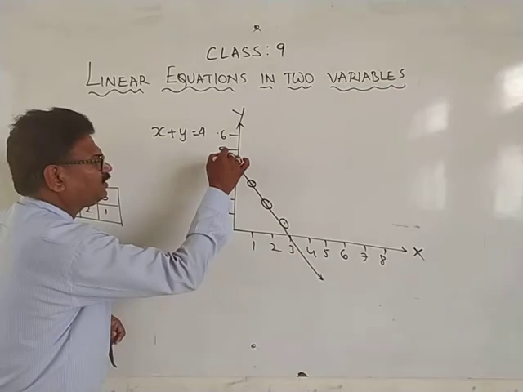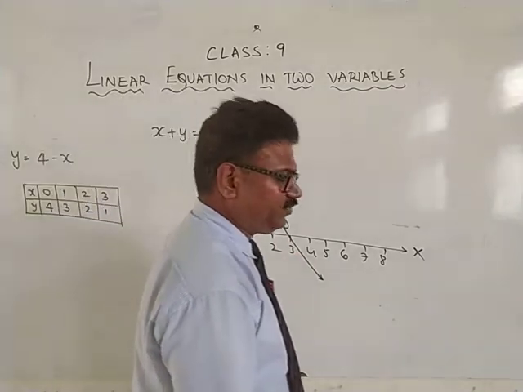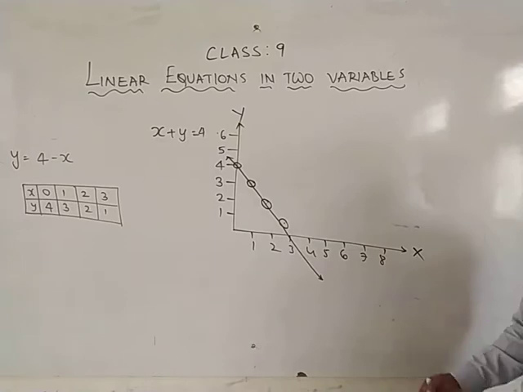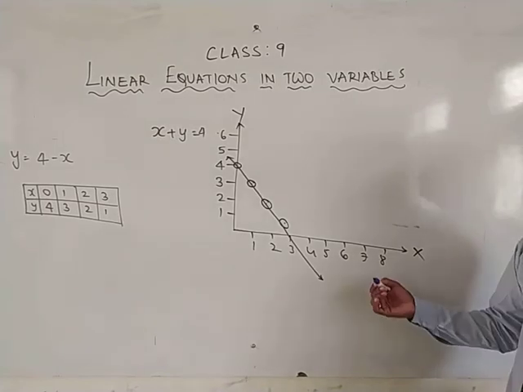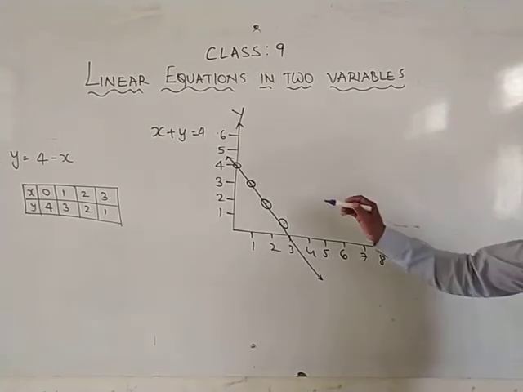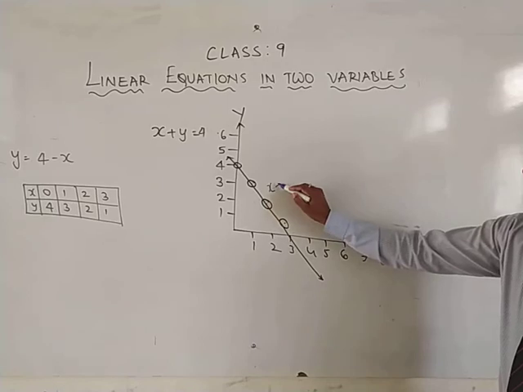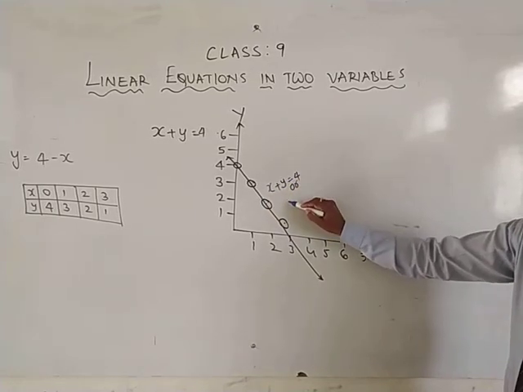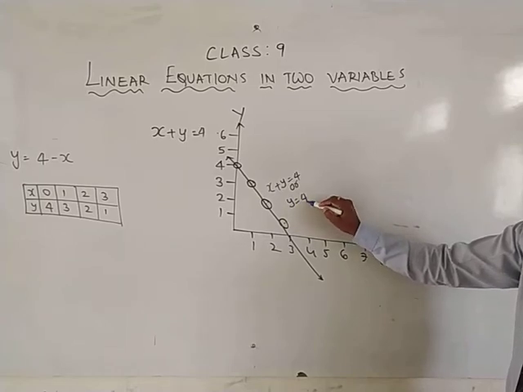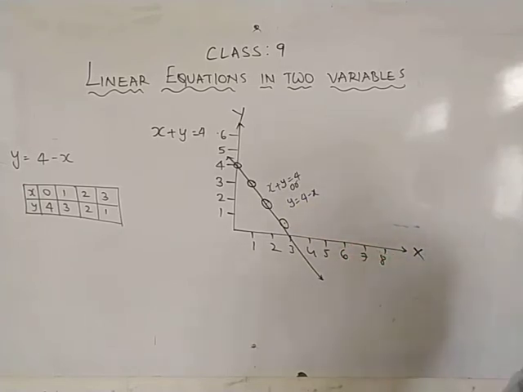This is the graph. What is this graph? Very good. Linear graph. Linear means it is a straight line. So you can write like this: x plus y equal to 4, or you can write y is equal to 4 minus x.